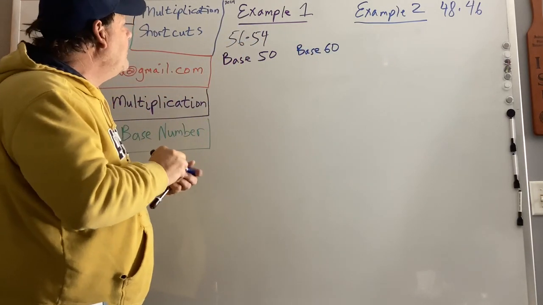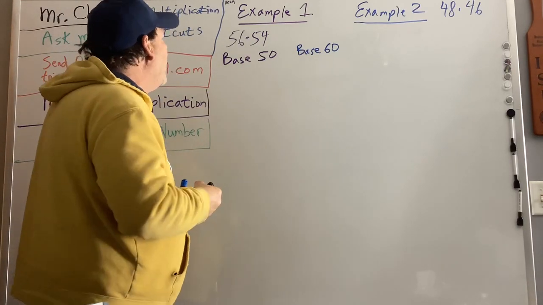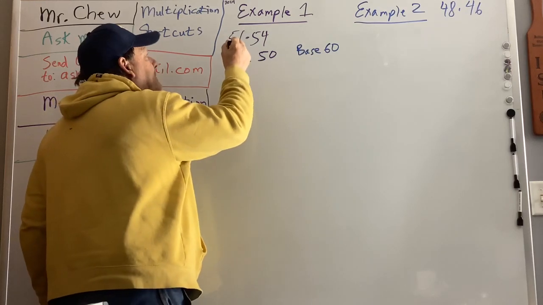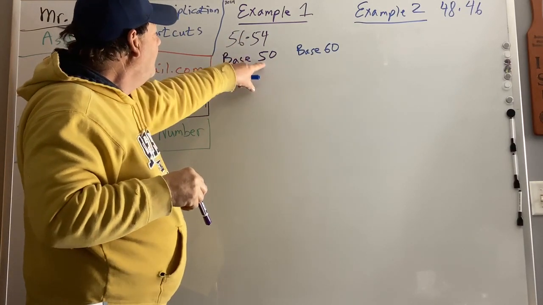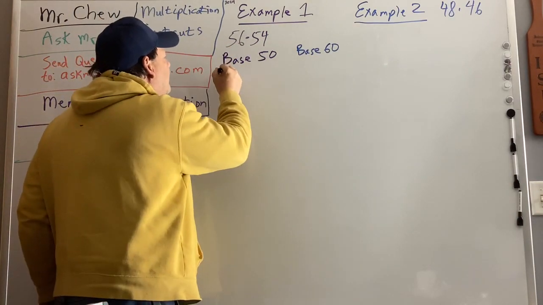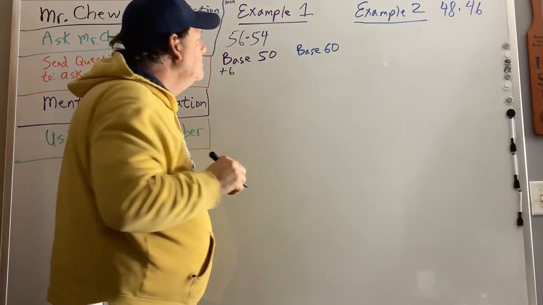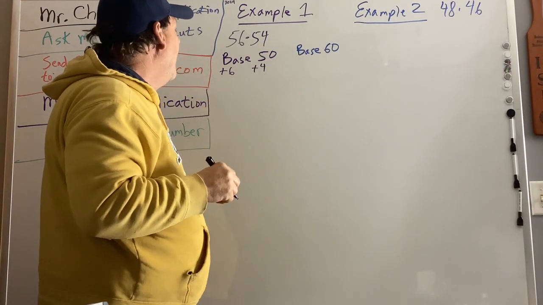So if I use a base of 50, my first question is going to be, how much above or below 50 is 56? Well, it's above it. It's plus 6 above it. And the 54 is plus 4 above the 50.